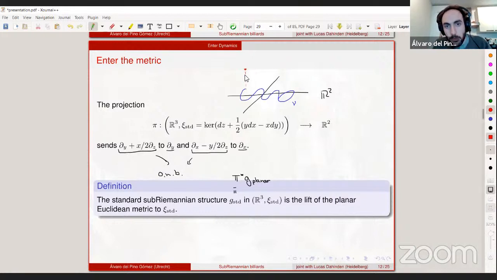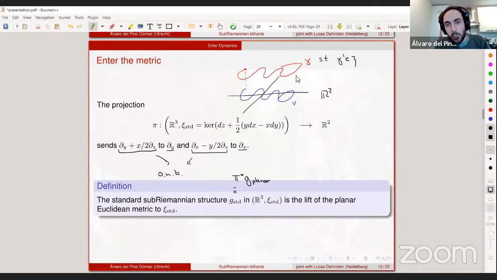Once I fix a lift for the first point, there exists a unique curve upstairs that projects to nu and is tangent to the connection. So how do these two curves interact? This is tangent, such that gamma prime belongs to psi. So curves lift uniquely to connections, is what I'm saying.